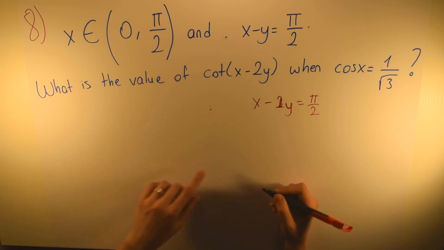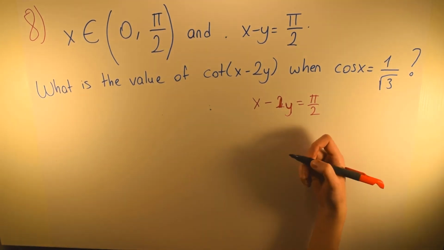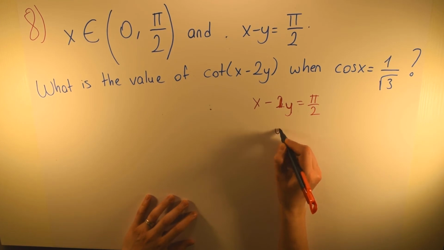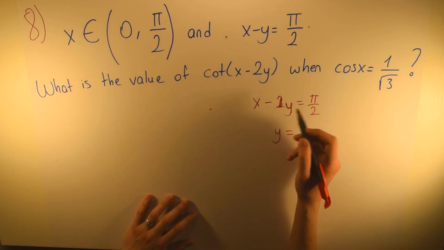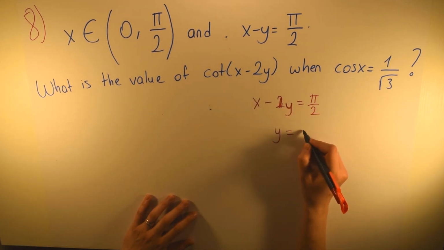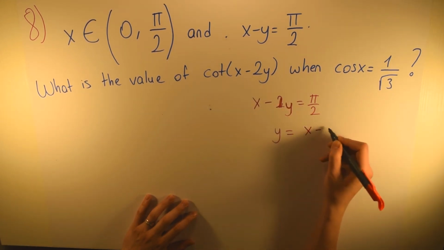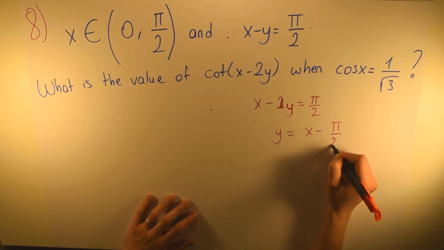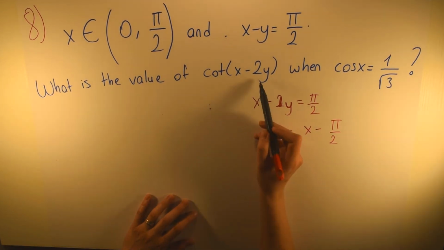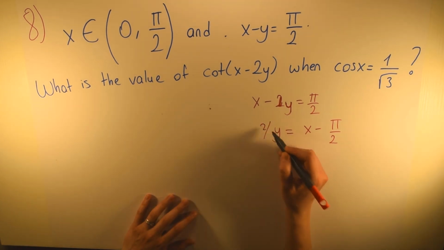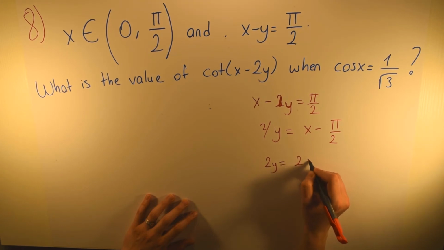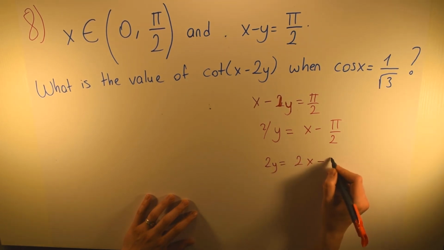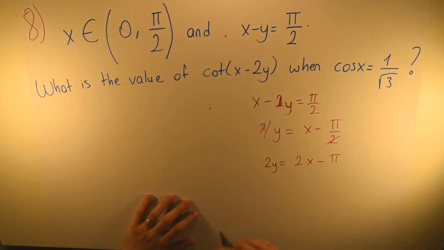Right? So when I leave y alone, I will get y is equal to x minus pi over 2. Here we have 2y, so let's multiply this by 2, and 2y is equal to 2x minus pi, because these two cancel out each other.